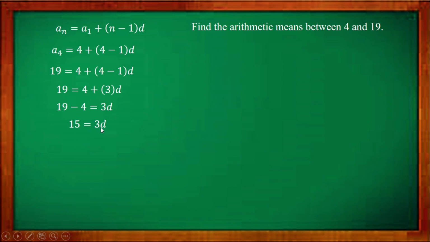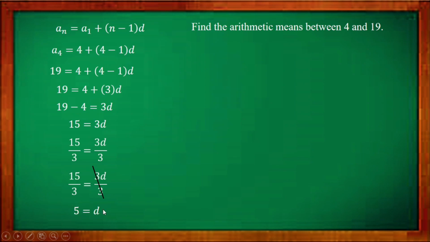After that, the variable d still has a numerical coefficient, so we are going to remove it. To remove this numerical coefficient, we divide both sides of the equation by 3, which is the numerical coefficient of d. So 15 divided by 3 is just 5. Then cancel the remaining variable, here is d. That is why we come up with the value of the common difference, which is 5.